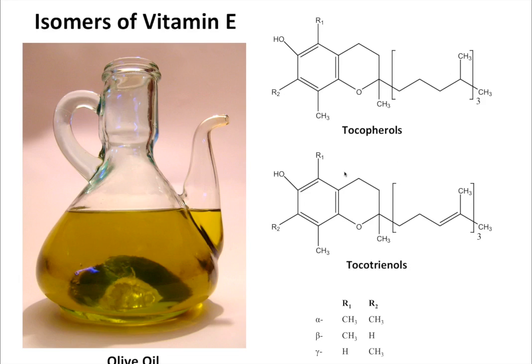Basically, they have very similar structure. The main difference in their structure is around the ring here. You can see that they both have, this is known as a phytyl chain. P-H-Y-T-Y-L. And it's essentially, you can see there's 3 of these repeating units here.